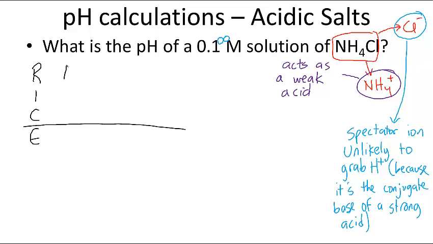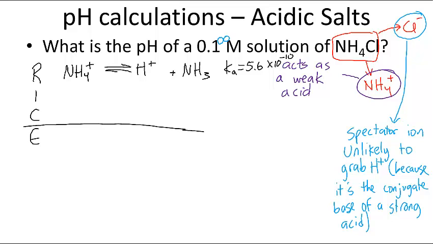NH4 plus can split into H plus and NH3. And do we have a Ka value for that? We do indeed. Ka equals 5.6 times 10 to the negative 10th.